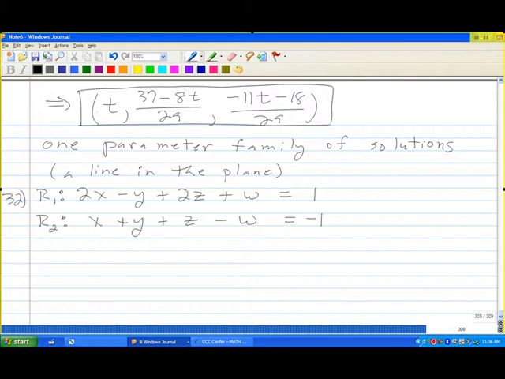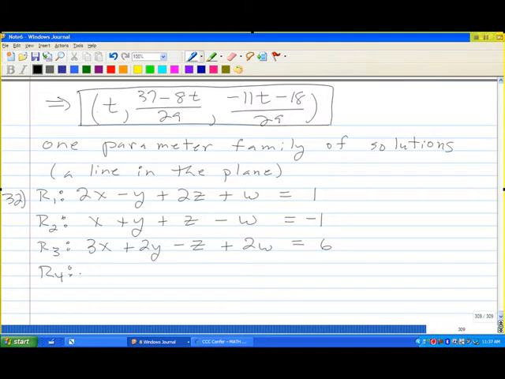R3: 3x plus 2y minus z plus 2w equals 6.